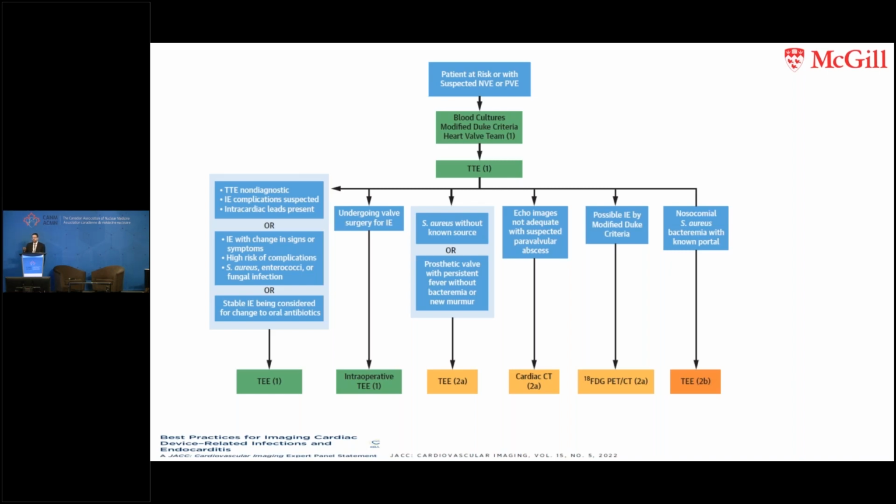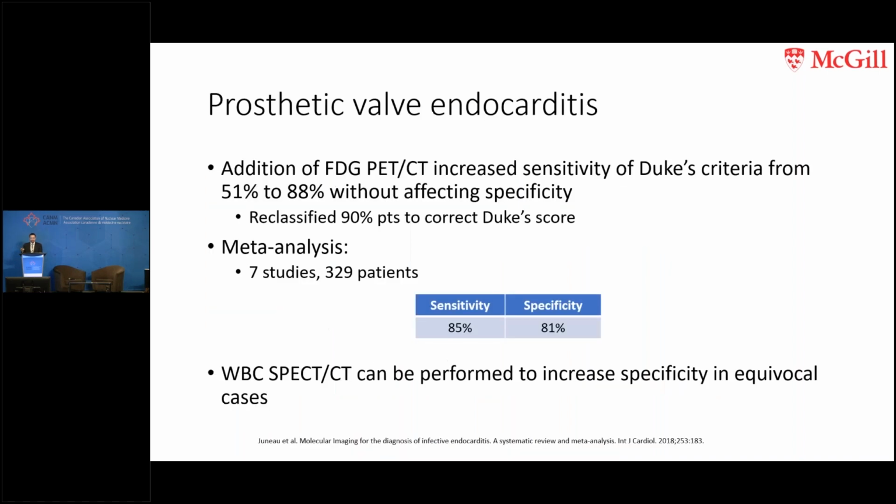We're going to be talking about all the different indications in cardiac infections. But for those who have possible IE by Duke's criteria, the use of PET will help resolve the question of whether there is endocarditis or not much quicker than doing a follow-up echocardiogram at 7 to 14 days.